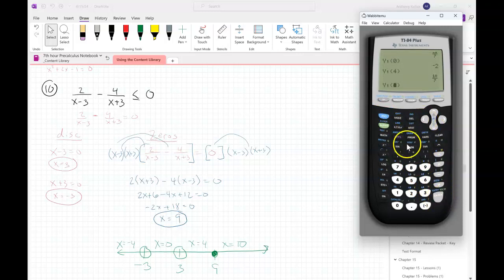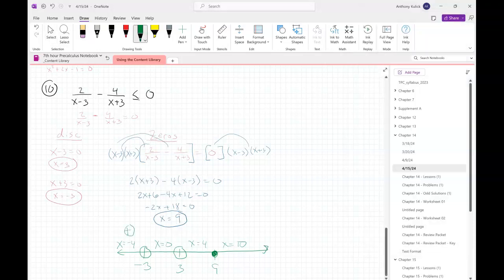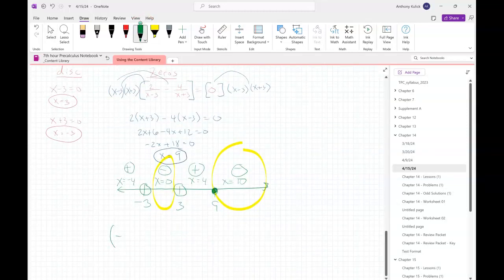And then I do that for 10, and I get a negative. So because it's a less than or equal to, I want those two parts. So my solution is negative 3 to 3, and then 9 to positive infinity.